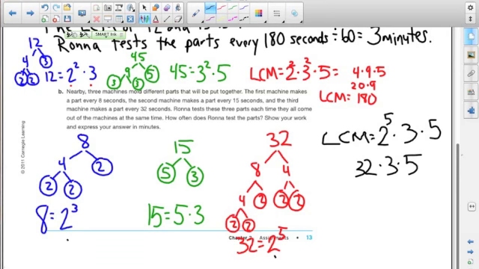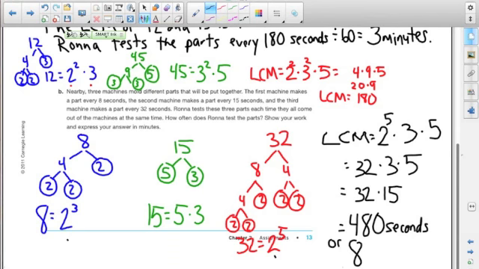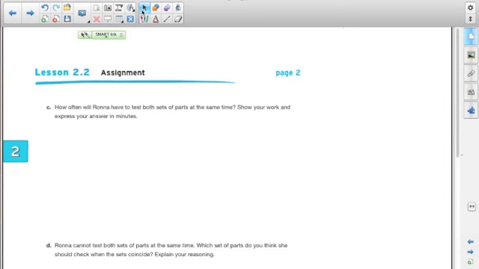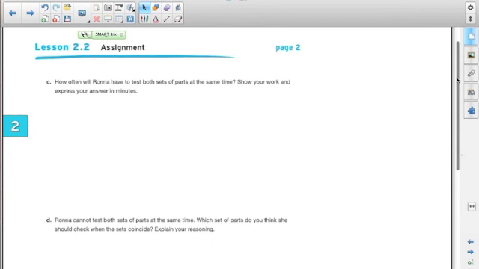So 2 to the 5th power is 32 times 3 times 5, or 32 times 15, which is equal to 480 seconds. I can divide that by 60 because there's 60 seconds in a minute, and then that is going to be 8 minutes. So on one machine, or on 2 machines close together in one section, she has to check them every 3 minutes. In 3 machines in another area, she has to check those every 8 minutes.